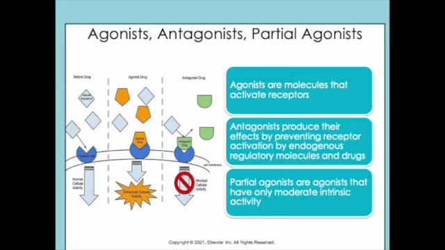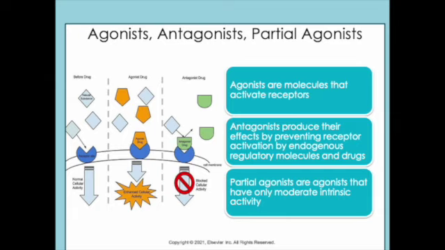If we give someone dobutamine, this is a drug that mimics the action of norepinephrine at the receptor on the heart. And so giving dobutamine will cause the heart rate and force of contraction to increase. It's doing what norepinephrine would do.